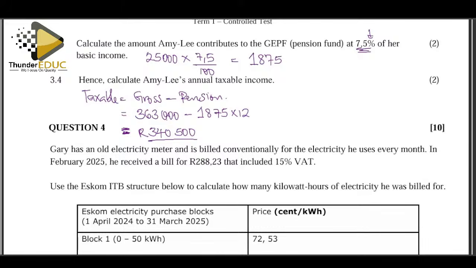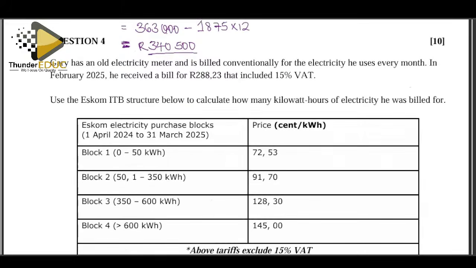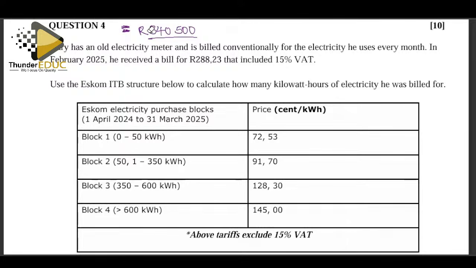We go ahead and look at question number 4. Question number 4 says, Gary has an old electricity meter and is billed conventionally for the electricity that he uses every month. In February 2025, last month, he received a bill of R288.23 that included VAT, which is 15%.